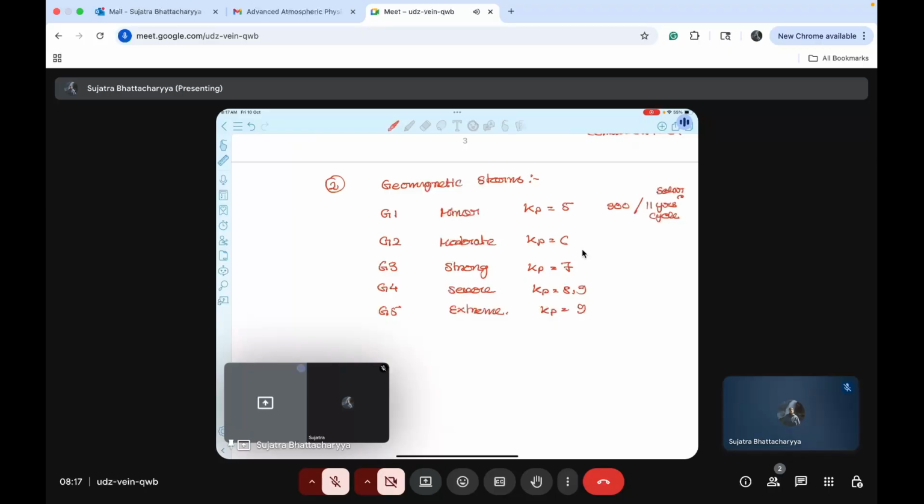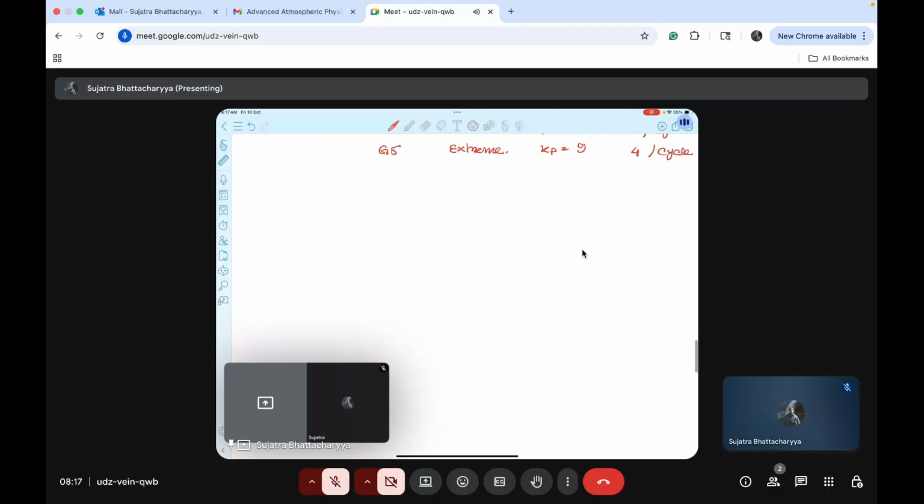So within one solar cycle, which is 11 years, 900 times this can happen. This is the frequency. So 360 per cycle. Next is 130. Next is 60. That's 4. Okay, these are the couple of things.